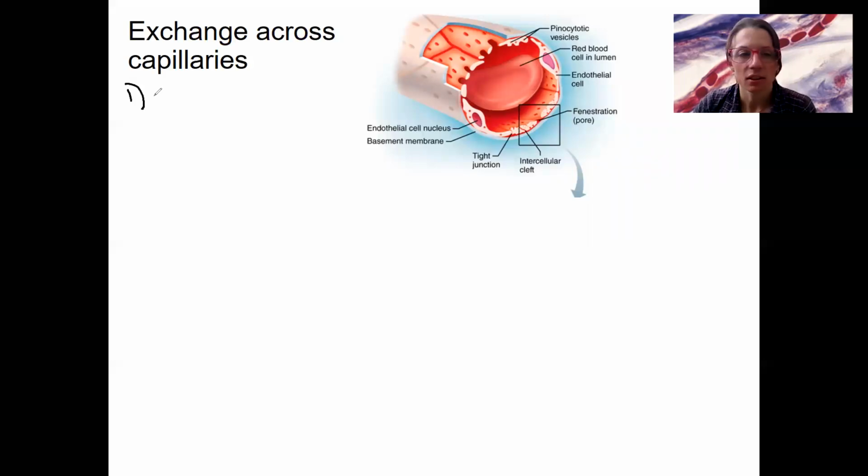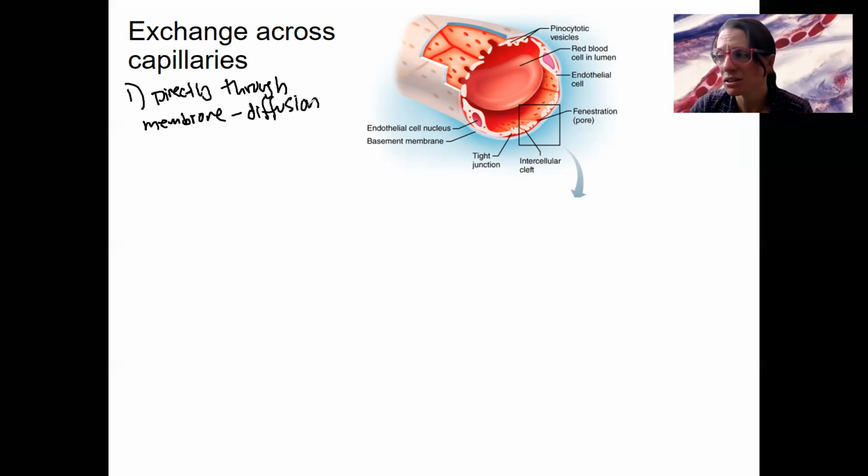One is directly through the membrane. What's this called? This is passive diffusion, simple diffusion. So diffusion across the membrane. What can do this? Lipid soluble, hydrophobic, small molecules. You already know. So that's going to be important for carbon dioxide, oxygen. Those are 2 things that can do that.